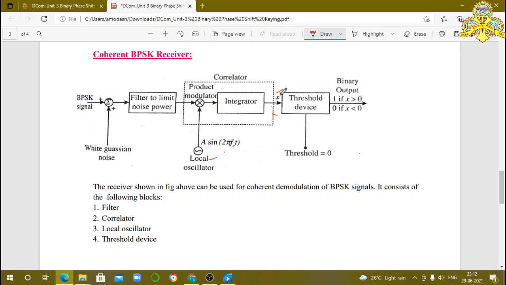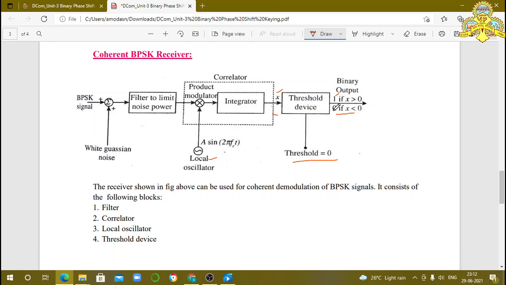The output of the correlator is compared with the threshold, bit 0. If X is greater than 0, then it indicates binary 1. If X is less than 0, then the output of the threshold device becomes binary 0.